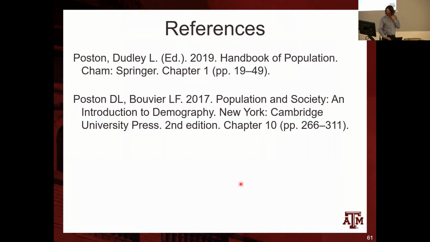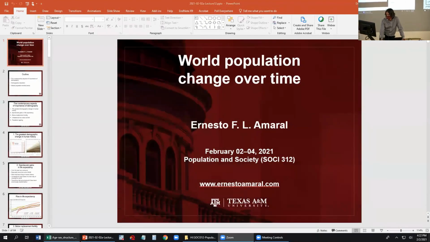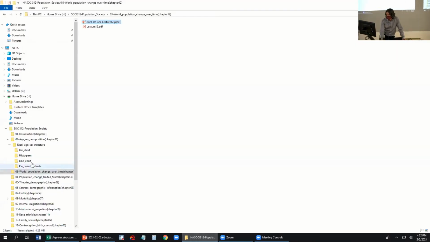So then we finish chapter 10, related to age and sex structure. Just to emphasize, there is an Excel file in our course website called Excel Age Sex Structure that has a lot of graphs.